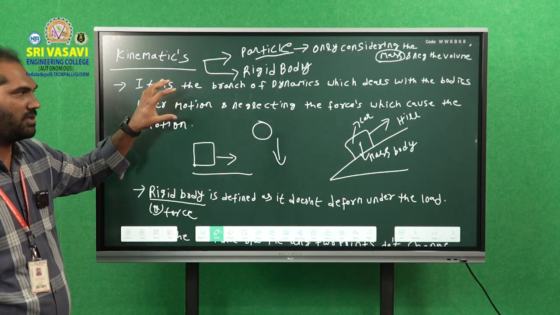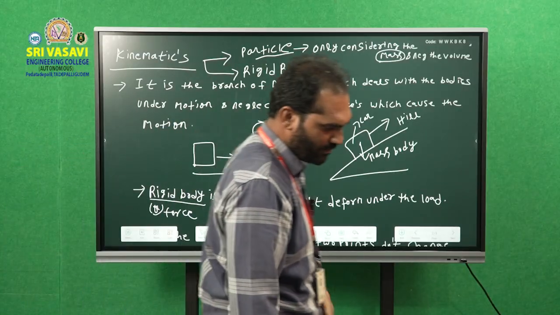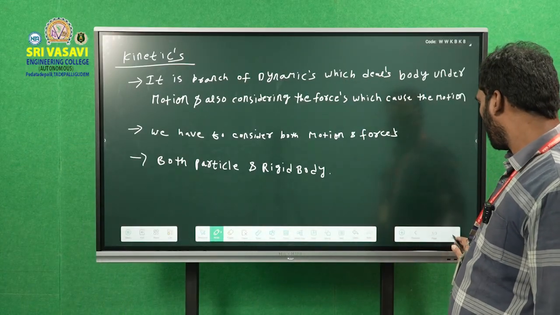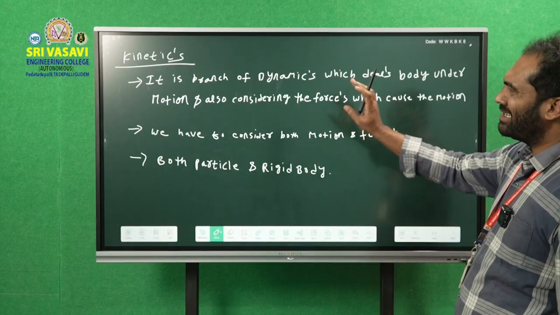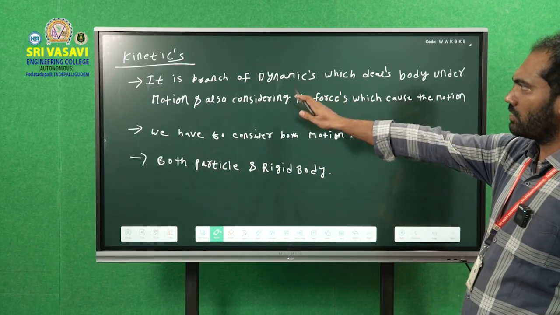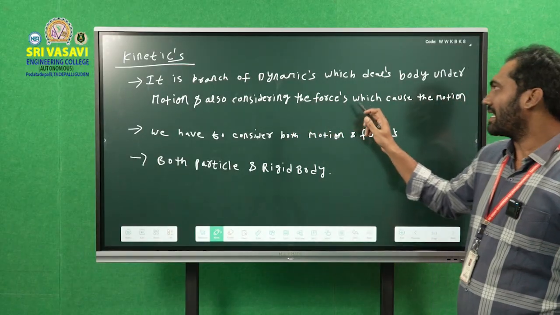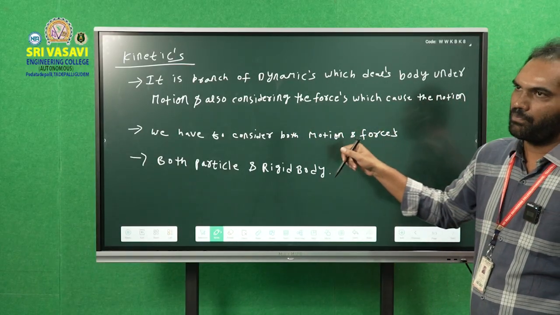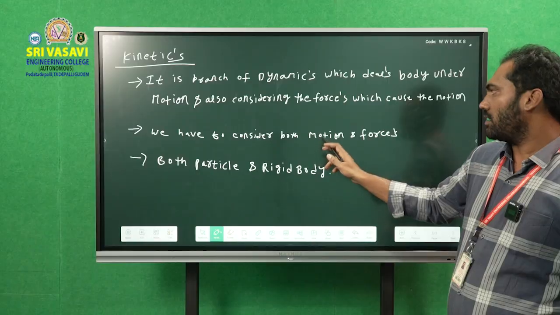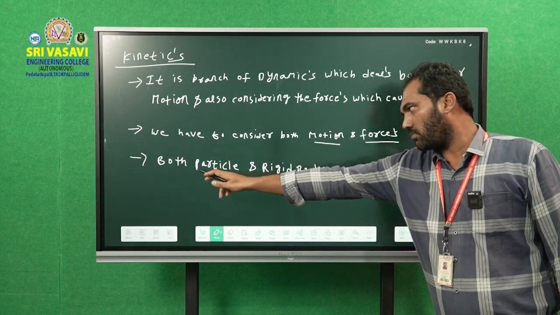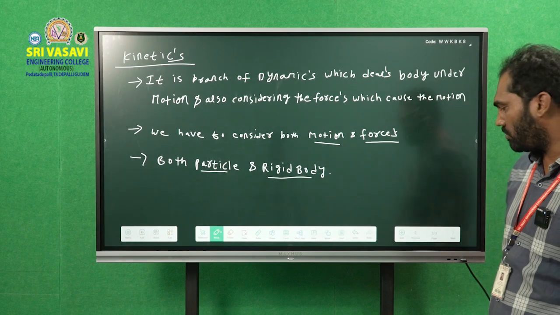For the rigid body, we consider the whole body. Kinetics is a branch of dynamics which deals with the body under motion and also considers the forces which cause the motion. So in this we consider both the motion and the forces, for the particle and the rigid body.